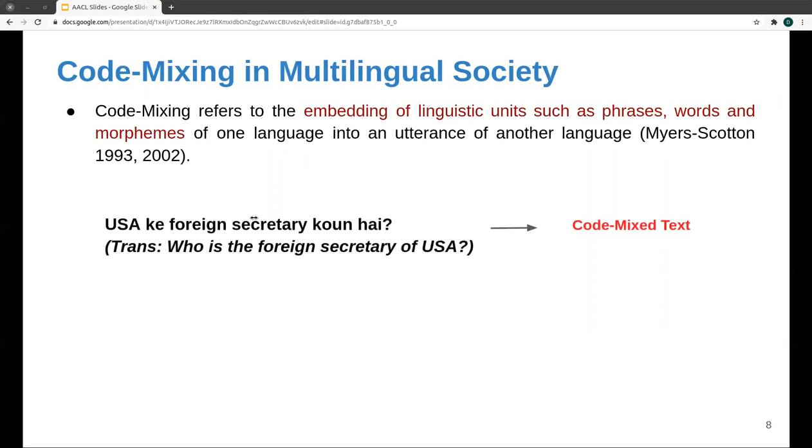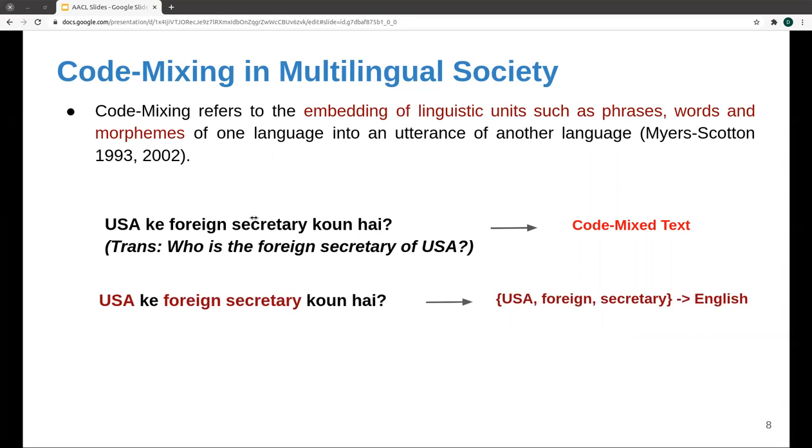For example, the sentence here, USA के foreign secretary कौन है, is a code mix sentence. Here USA, foreign and secretary are English words and के, कौन and है are Hindi words. The structure of the sentence follows Hindi syntax and English words are mixed in.